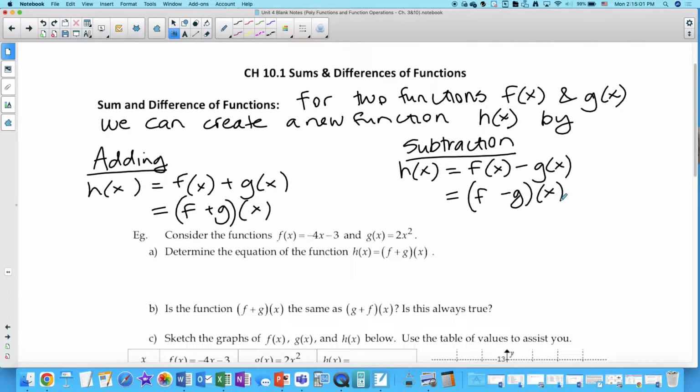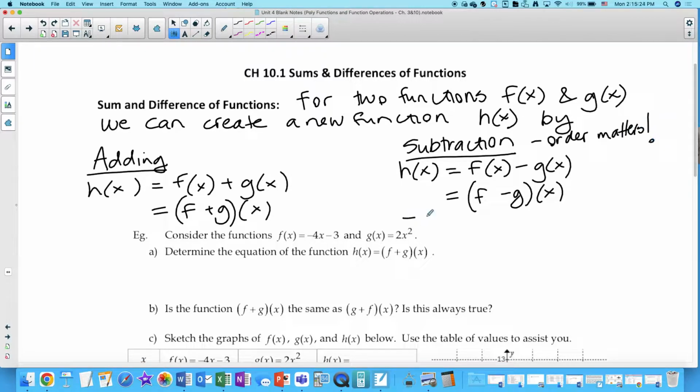Okay. Here's a question. Is f of x plus g of x the same as g of x plus f of x? Yes. What about with subtraction? No. Okay, so with subtraction, order matters. Right?